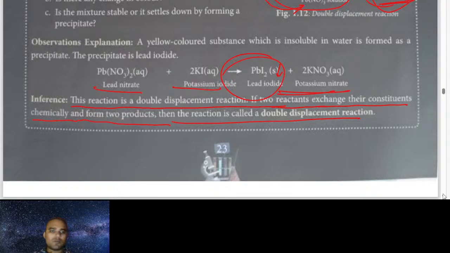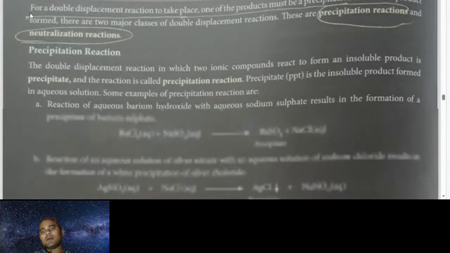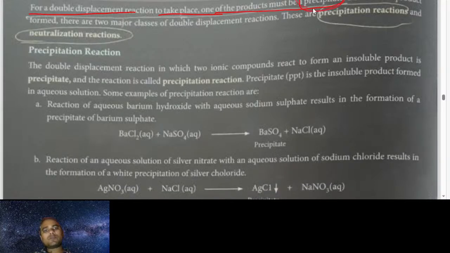Now let us move on to the next one. For a double displacement reaction to take place, one of the products must be a precipitate, meaning it will form a solid compound, student, like barium sulfate, it is a precipitate. Silver chloride, it is a precipitate.